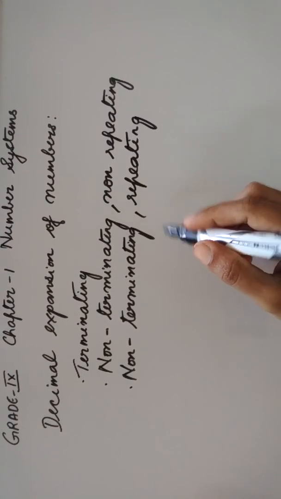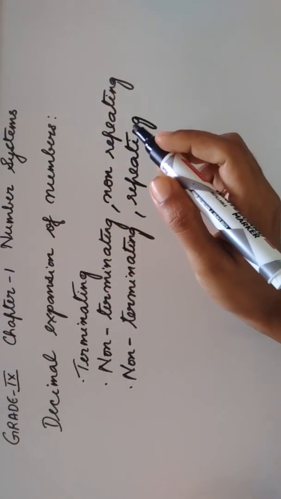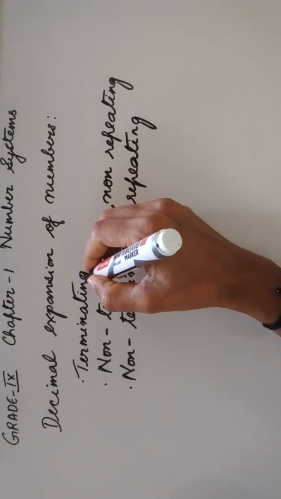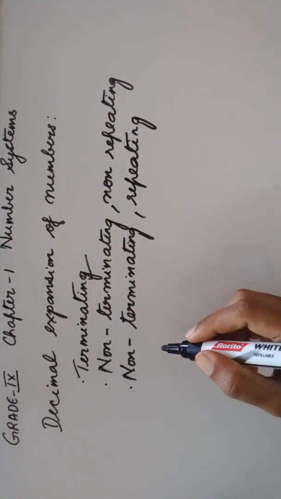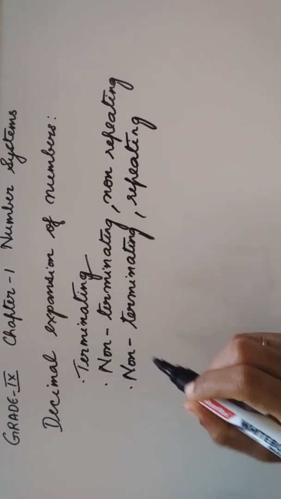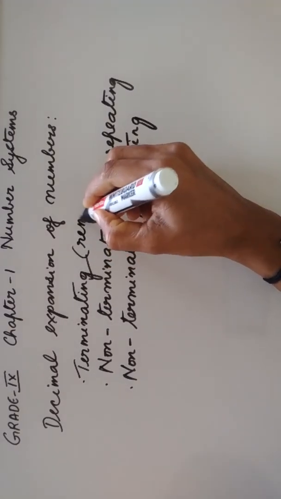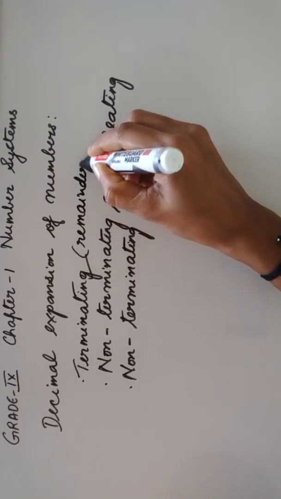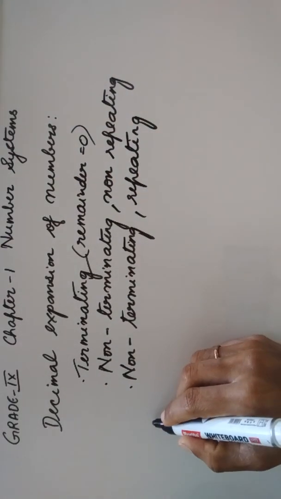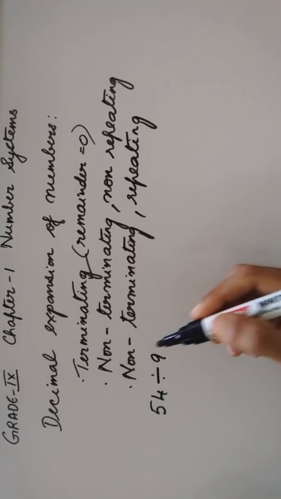So here let us see the terminating decimal. Now terminating decimal, a decimal expansion in which a remainder becomes 0. For example, 54 divided by 9.